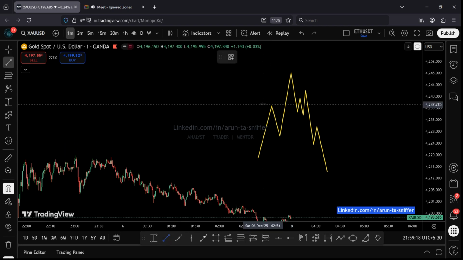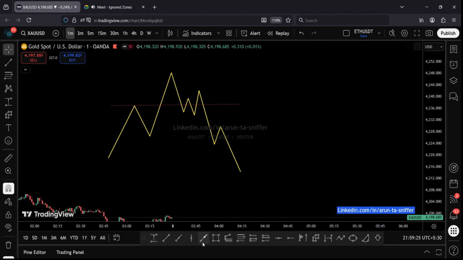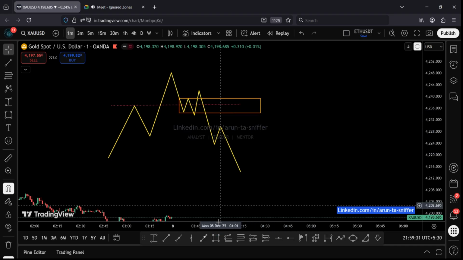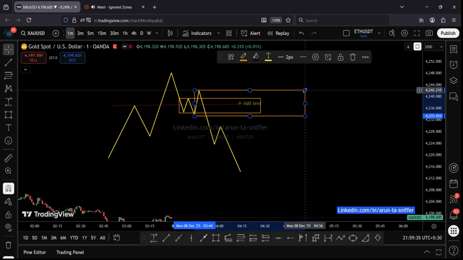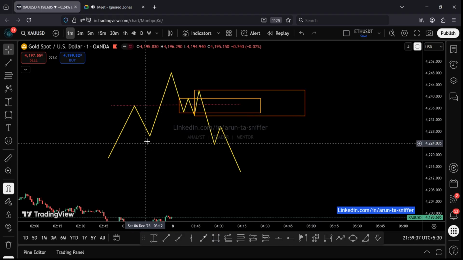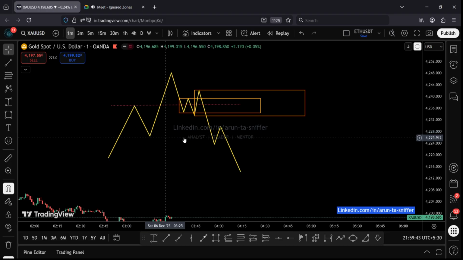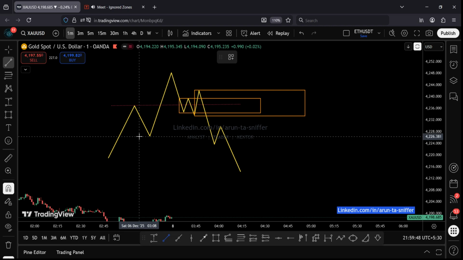This FTR is the minor one, and this one is the major one, right? So we will take the major one before breaking this low. We take the deepest retrace before breaking this low.